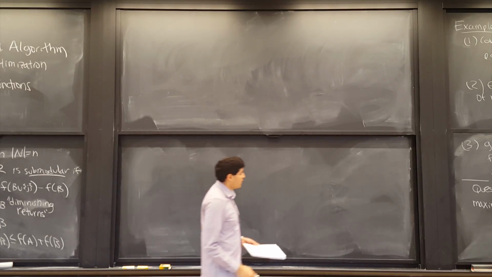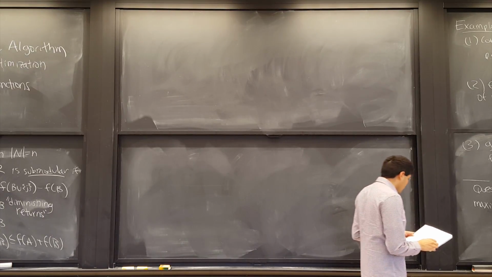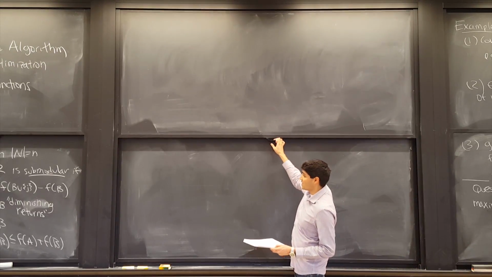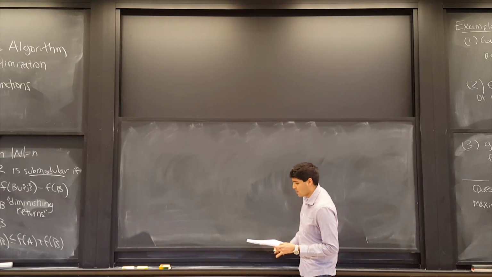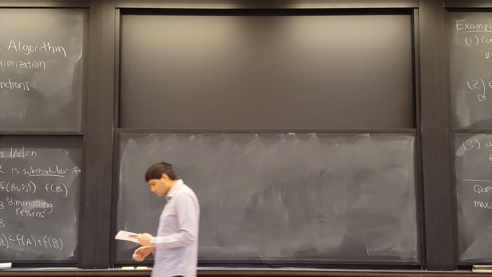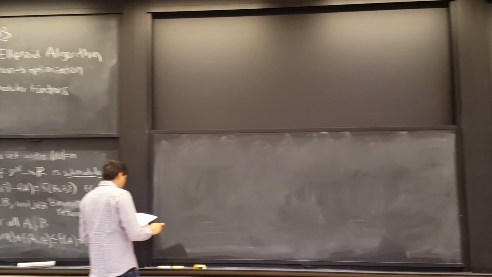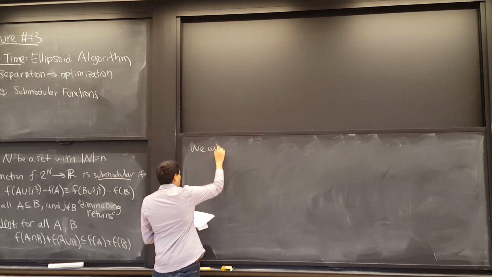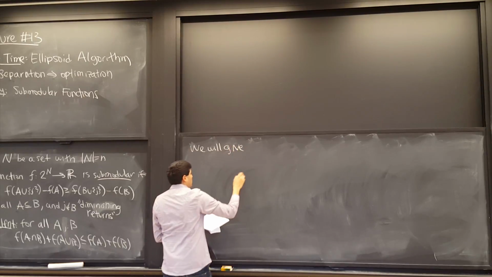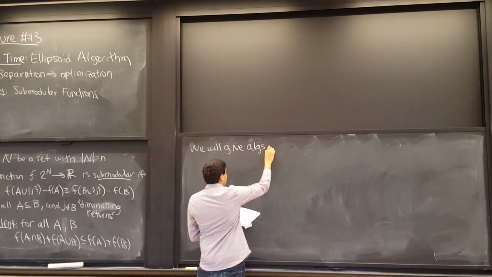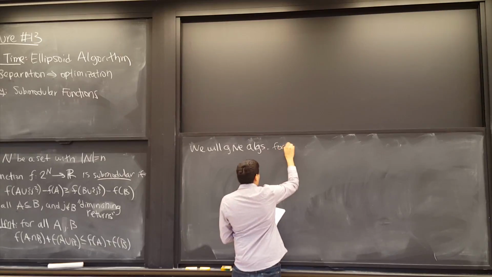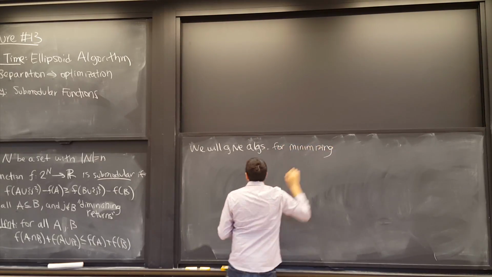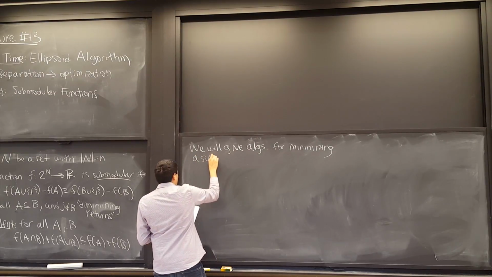So there's this beautiful line of work within combinatorial optimization, which is what we're going to cover today, albeit briefly. You could take entire courses on these types of things, but we'll see just a glimpse of it. Our approach today is to give algorithms based on the ellipsoid method for minimizing a submodular function.